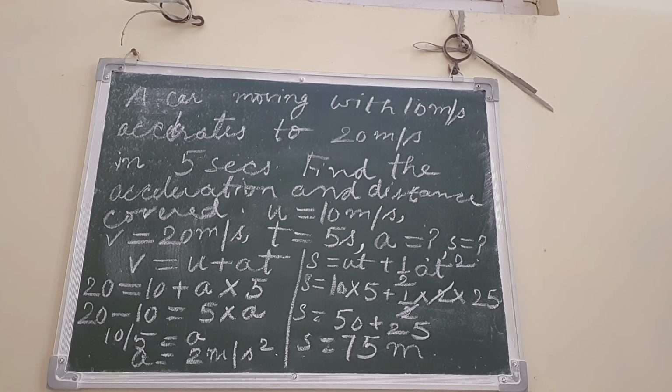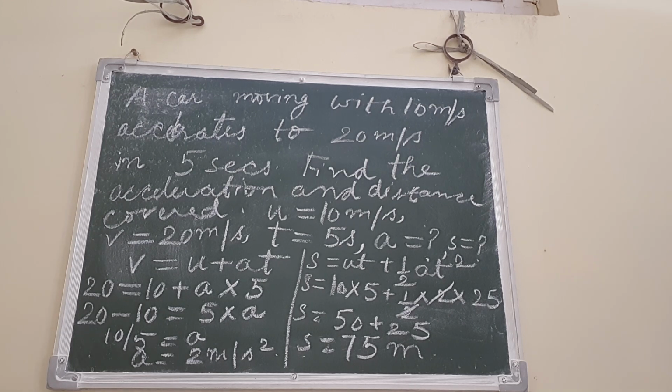So here the final velocity is 20 meter per second and the time given is 5 seconds. So t is equal to 5 seconds. Find the acceleration. We have to find the acceleration, and also the distance covered. So distance moved by the car, that also we have to find. So these are the two things that we have to find.